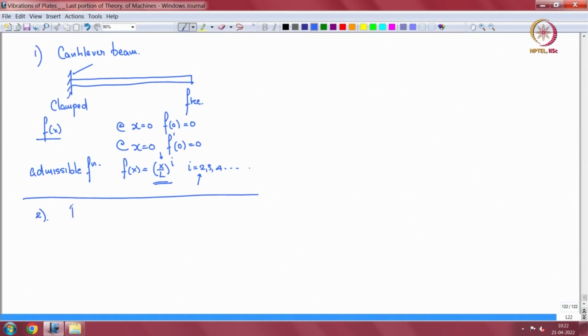Now the next is a propped cantilever. So we have a cantilever, but it is just supported at the end for 0 displacement, at x equal to 0, x equal to L. Now what do we have?